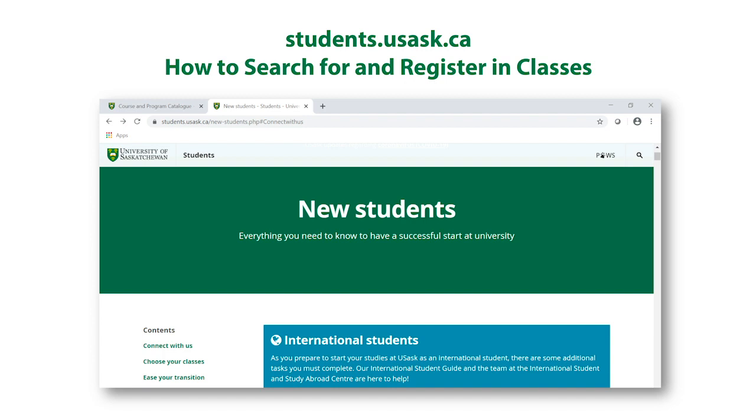Lastly, I just want to draw everyone's attention to the page that you'll go to for basically anything else that you need help with as a new student. If you go to students.usask.ca, you will find all kinds of information, including videos on how to search for classes and register for classes.